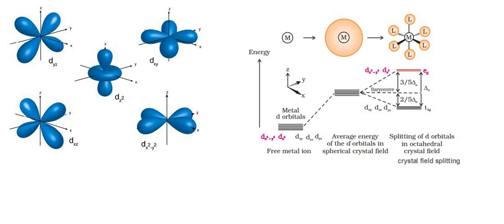And the energy of separation is denoted by delta O. The subscript O is for octahedral.